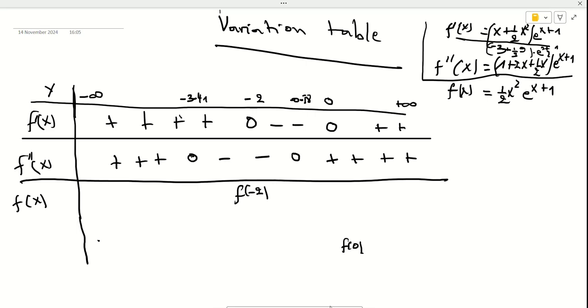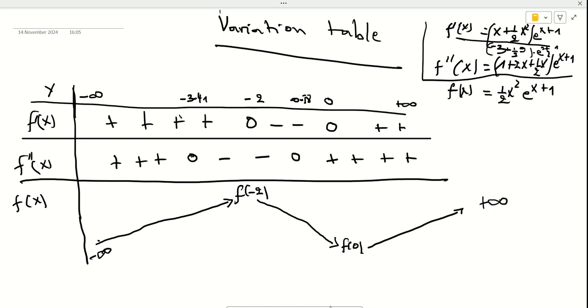The function from minus infinity to minus 2 is increasing. From minus 2 to 0, the function is decreasing because it has a negative value. And from 0 to plus infinity, the function is increasing. We have plus infinity here and minus infinity here.